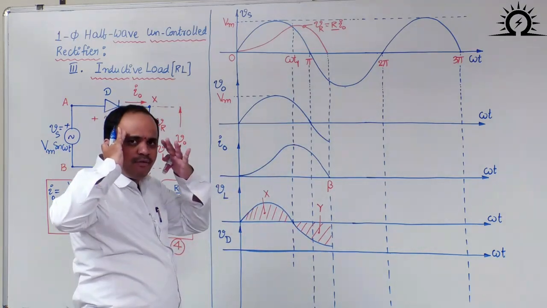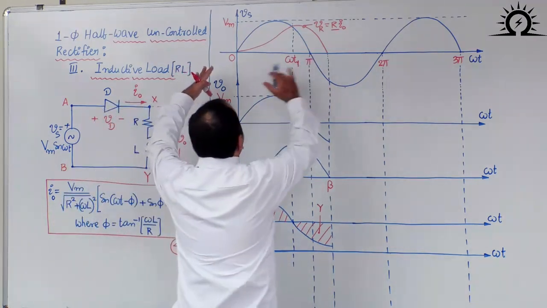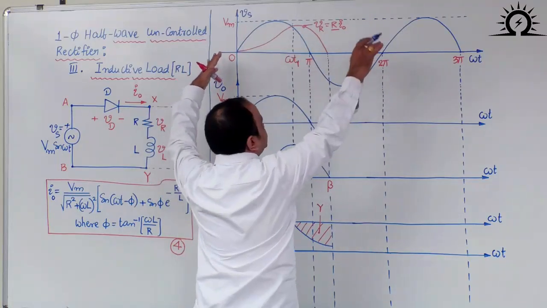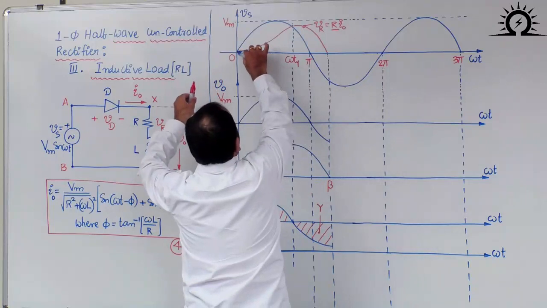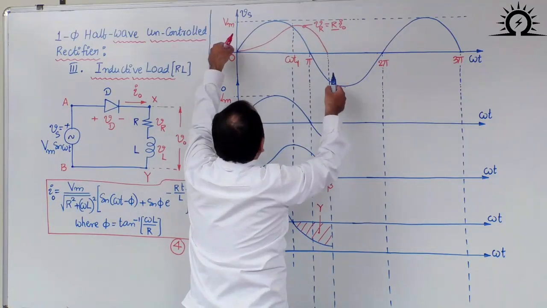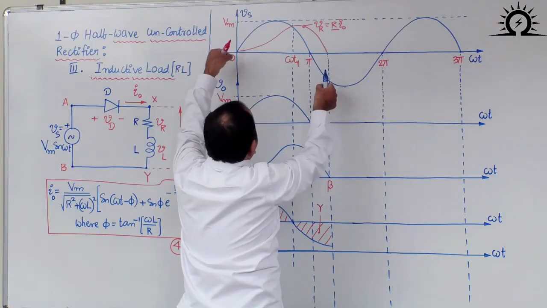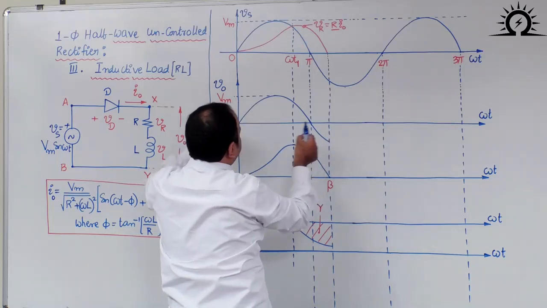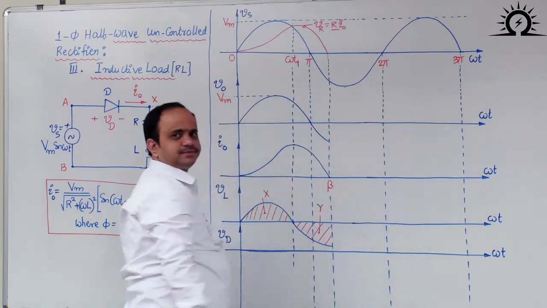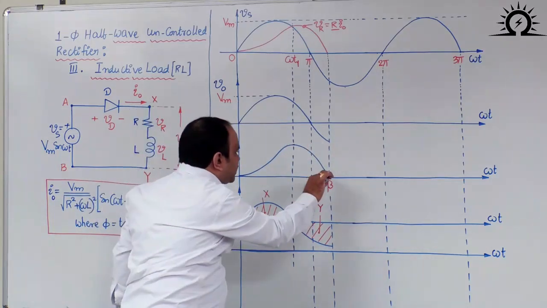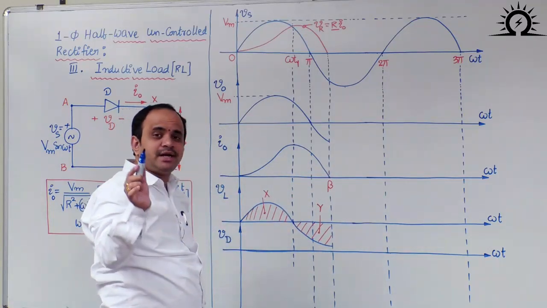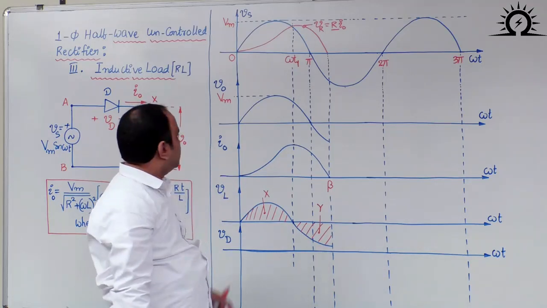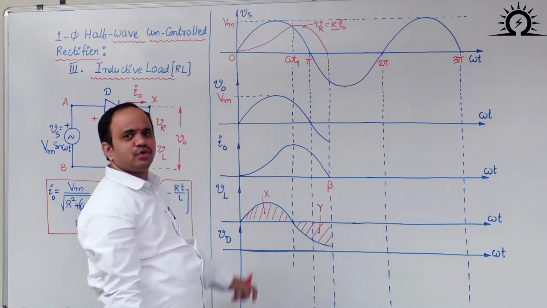If you imagine here, the blue color waveform is a sinusoidal. From 0 to beta, just feel that you are taking a snapshot of that blue sinusoidal and drawing it here. The waveform will look like this. At omega t equal to beta, the diode is turned off. If you recollect the diode switch definition, exactly this circuit only I took.